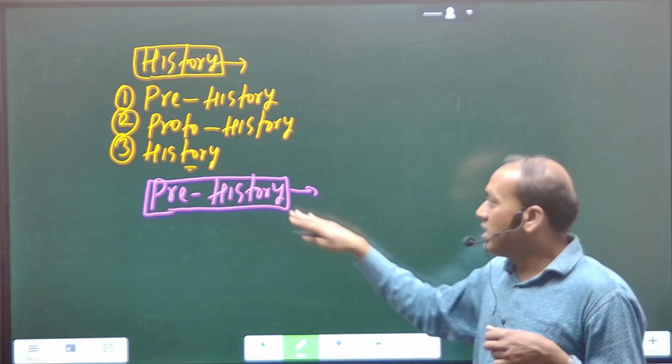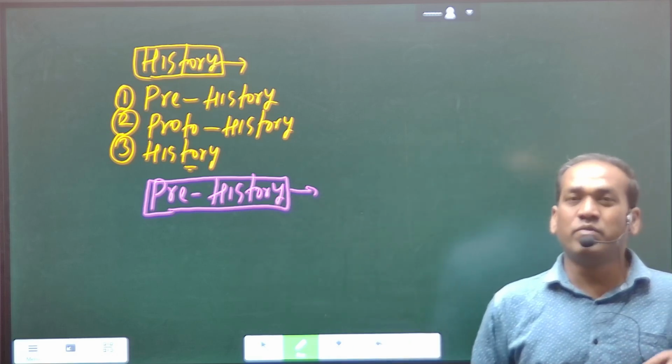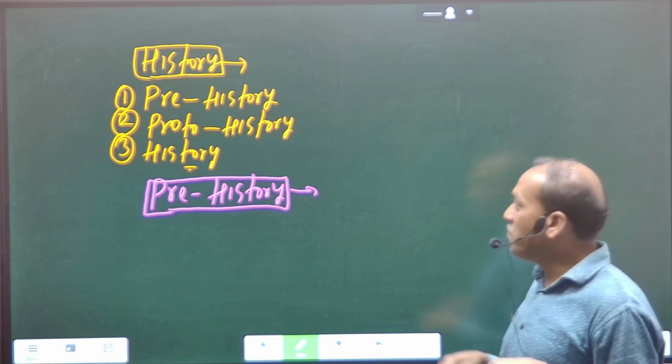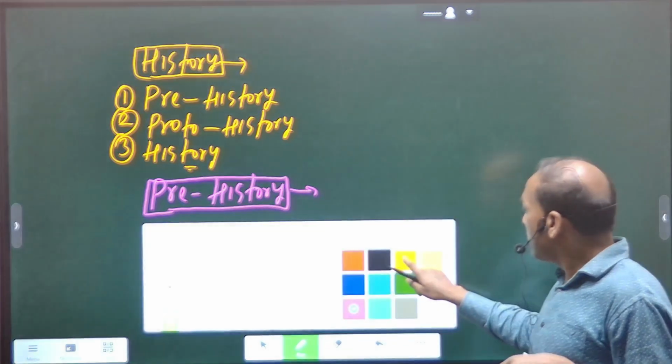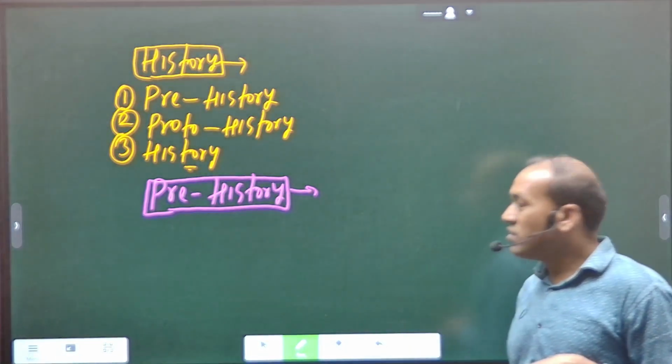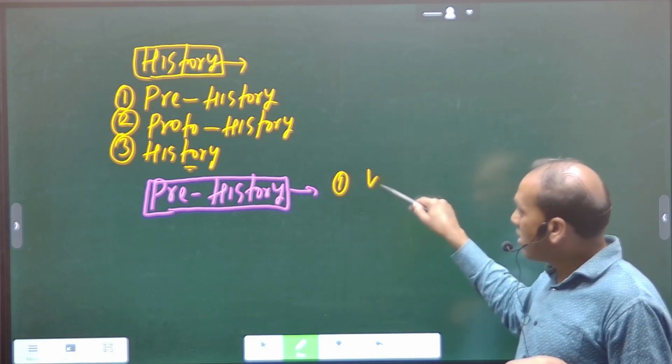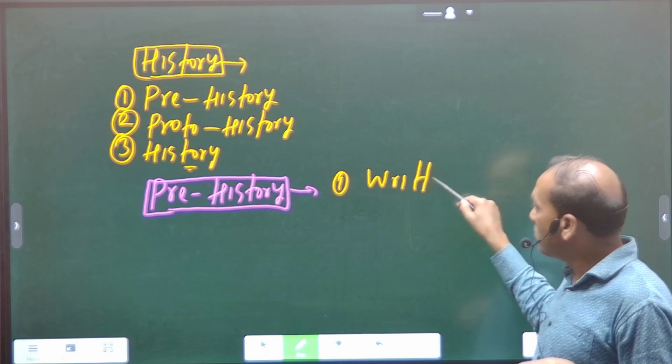So in prehistory you can write minimum 2 points. And the first point is what? That written records are not available.